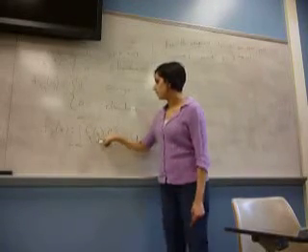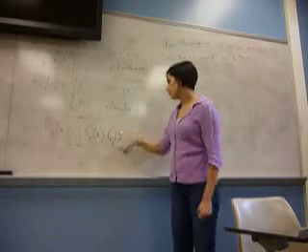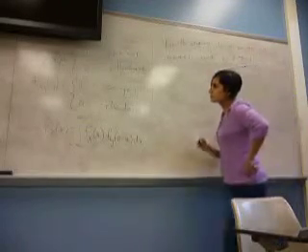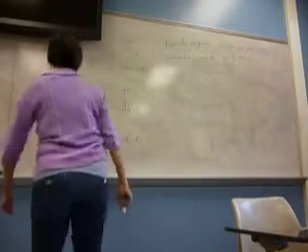So whatever number I plug in for this and whatever number I plug in for this has to be between 0 and 1. All right. So clearly, we'll have to do this in several cases.